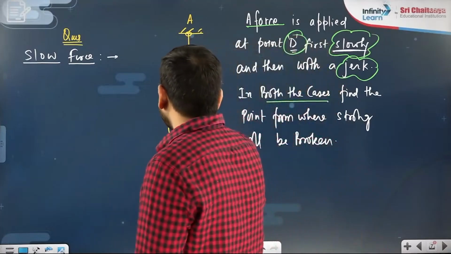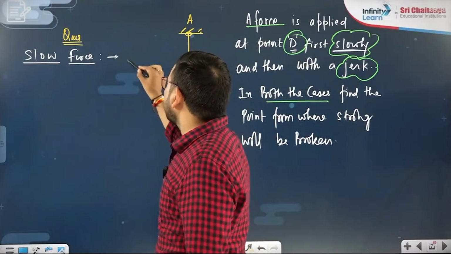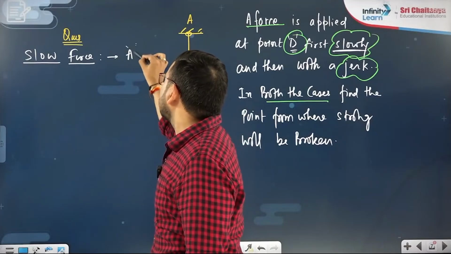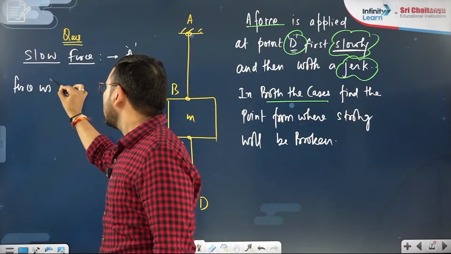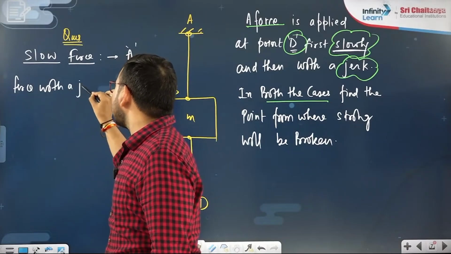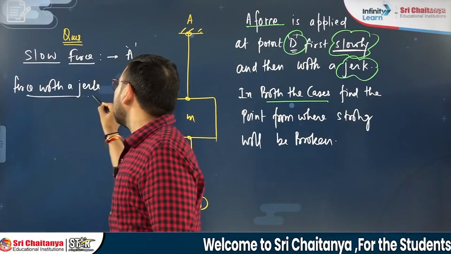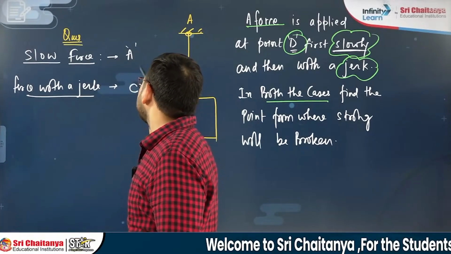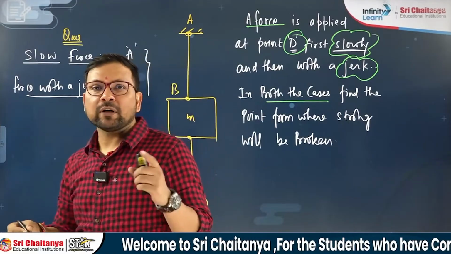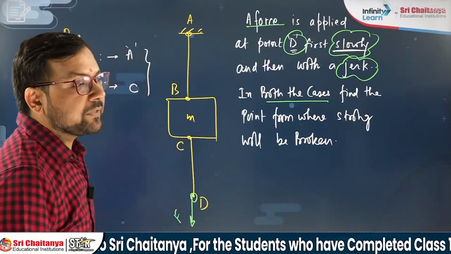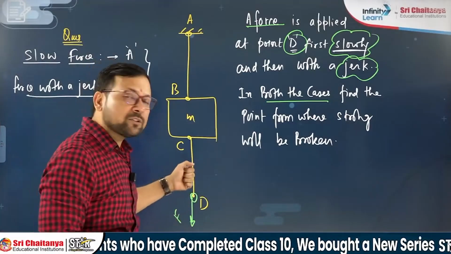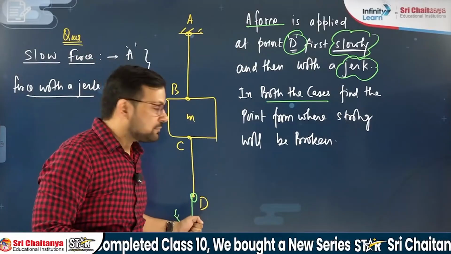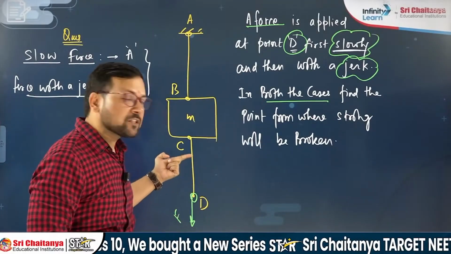So when we apply slow force, the point of breaking will be A, and if I am applying force with a jerk, then the point of breaking will be C. Now try to understand Newton's first law here, inertia and all. Understand the elaboration, all of you. I am applying slow force, so force is slowly getting transferred.